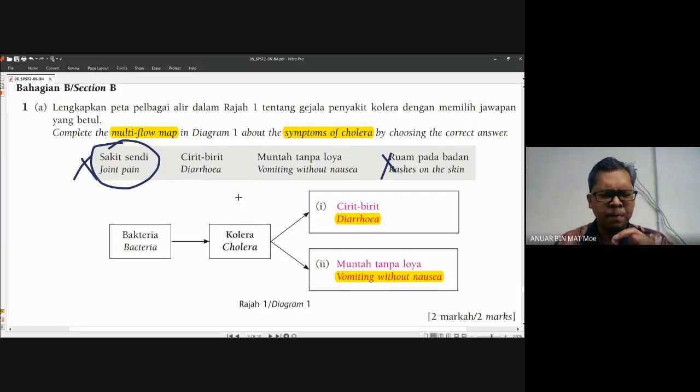Any disease that spreads by the vector, especially mosquito. The classic symptom of dengue and Zika is joint pain, followed by fever, right? That is the classic symptom of dengue or Zika.